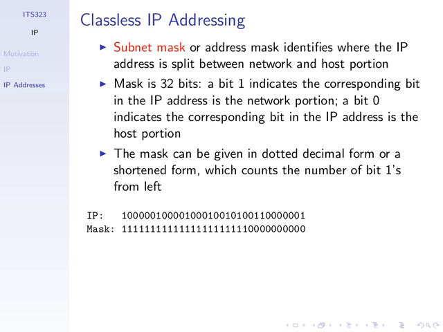That becomes more complex because they can have different length network portions. So it's not easy to calculate the exact number of networks we can have in the internet nowadays. But we can calculate, given a subnet mask, what's the maximum number of hosts you can have in that subnet.